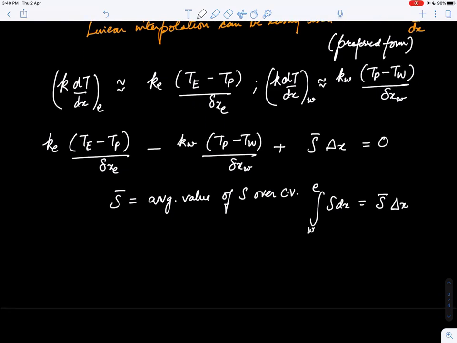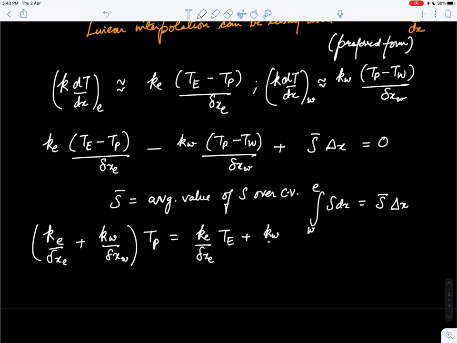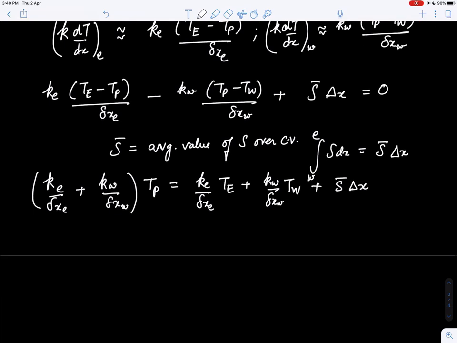So now we can rearrange this equation, which just means collect like terms together. We get (k_e by delta x_e plus k_w by delta x_w) times T_P equals k_e by delta x_e T_E plus k_w by delta x_w T_W plus S bar times delta x.